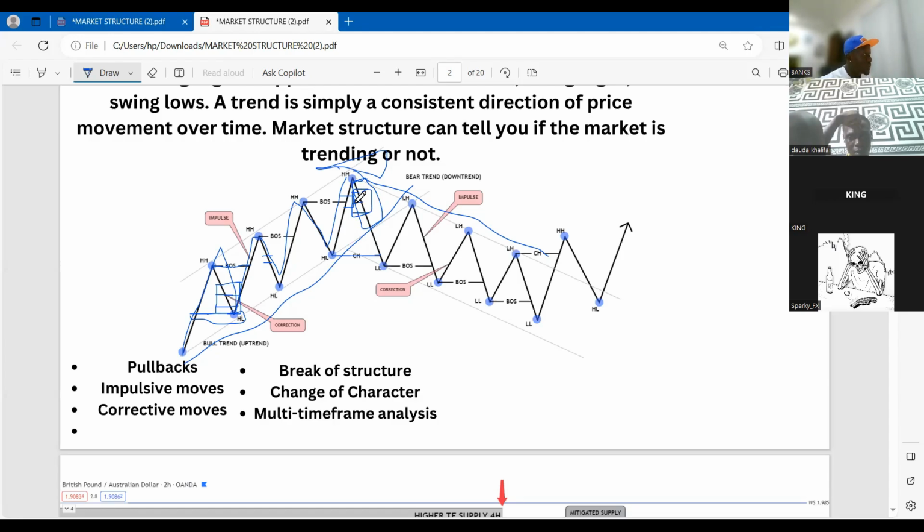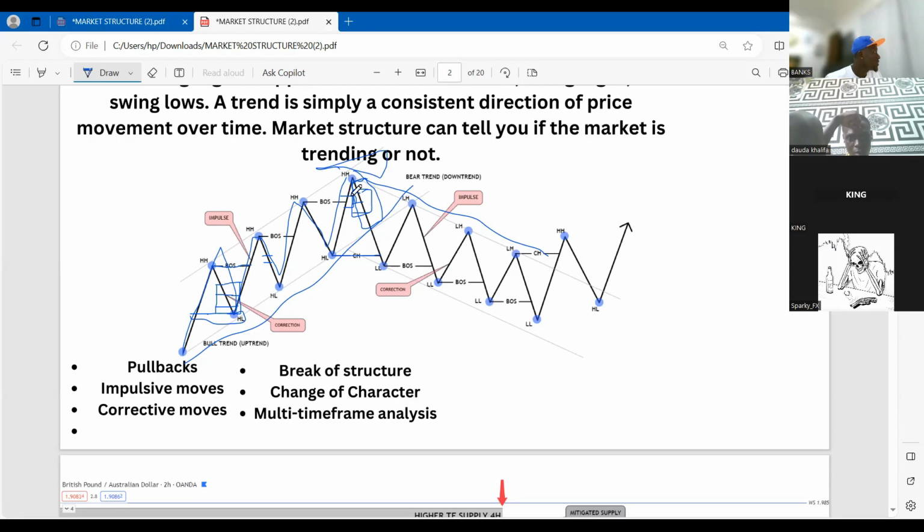That is just an internal structure, inside an external structure. The external structure is the overall trend, the higher time frame. The internal structure is the movement of the smaller time frame inside the higher time frame.